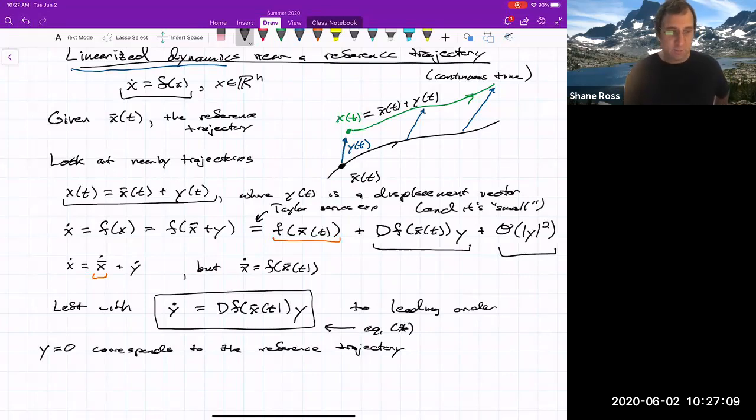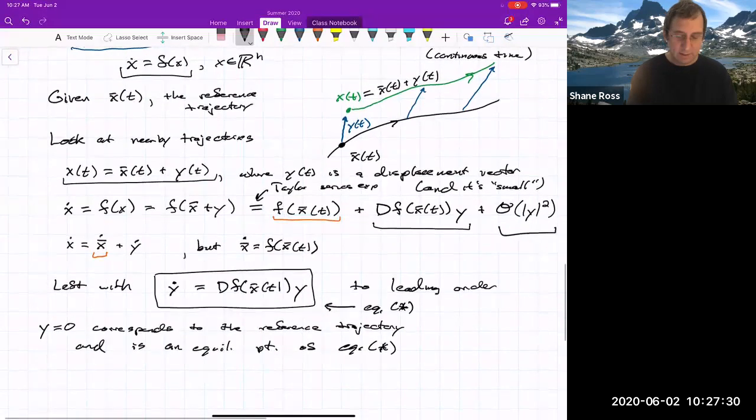So y equals 0 corresponds to the reference trajectory and is an equilibrium point of the dynamical system of the displacement vector.